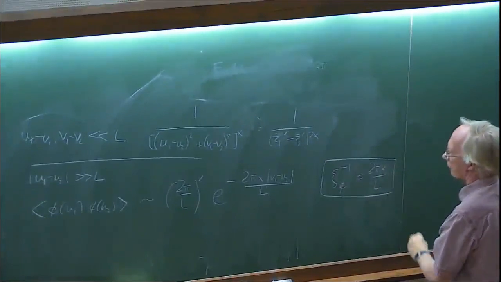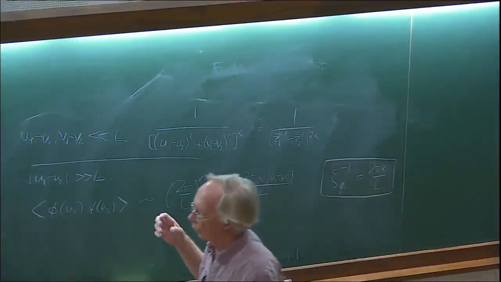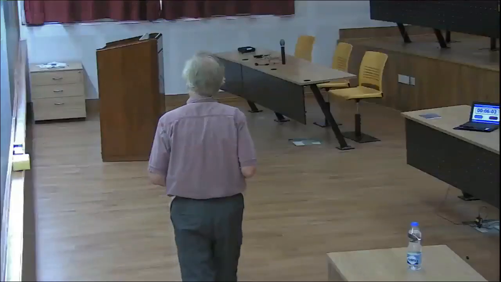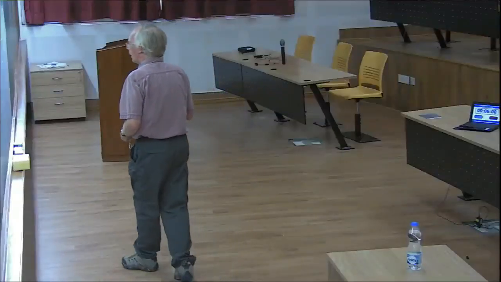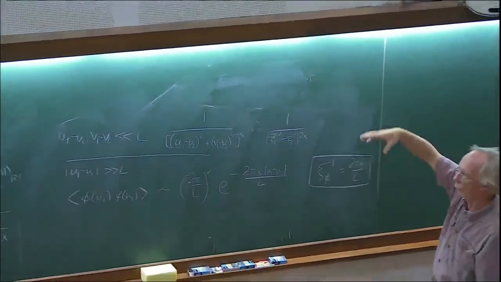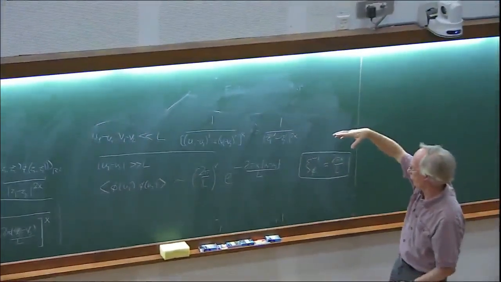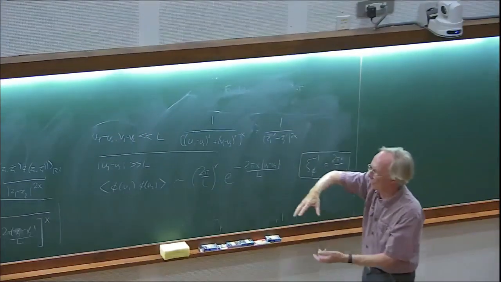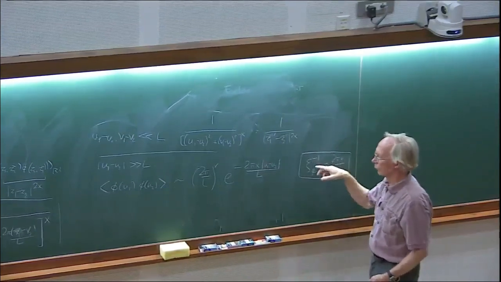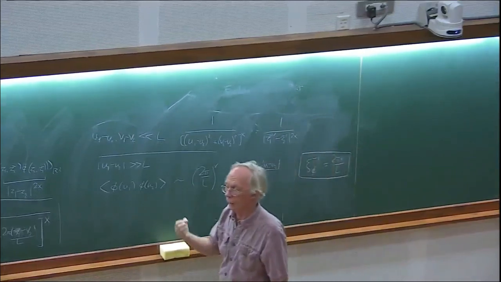So things are decaying exponentially as though we were not at a critical point, but we can see that we actually are, because this is proportional to 1 over L, 1 over the size, 1 over the width of the strip. As we take the strip bigger and bigger, L goes to infinity, this goes to 0, so the correlation length is actually still infinite.